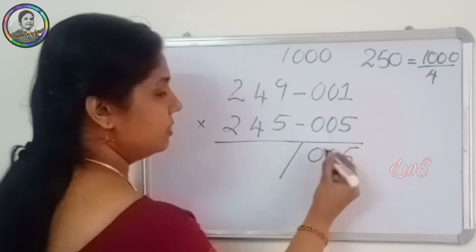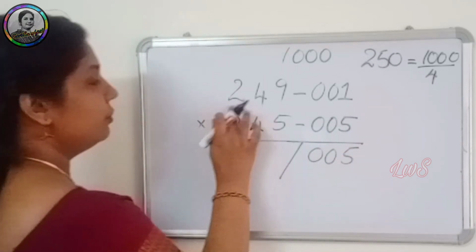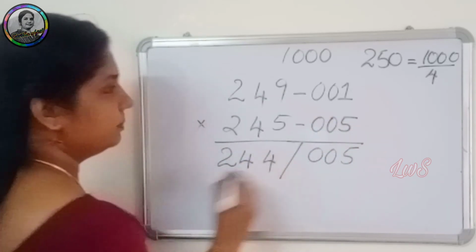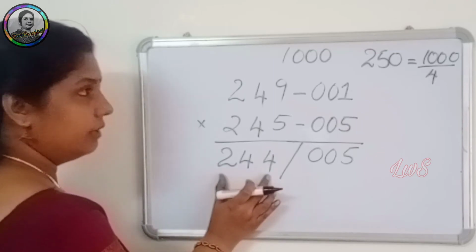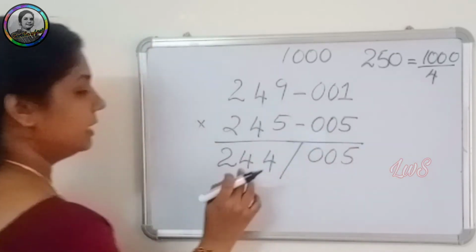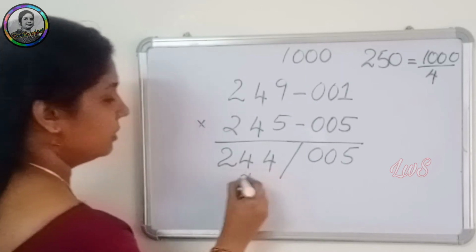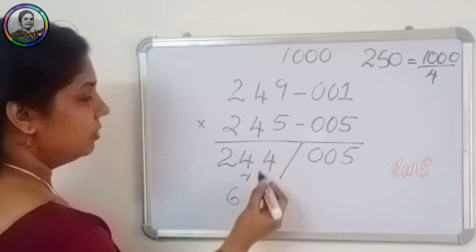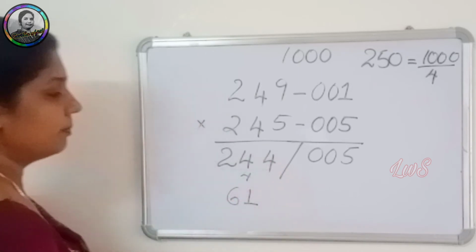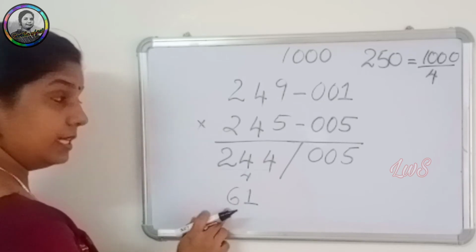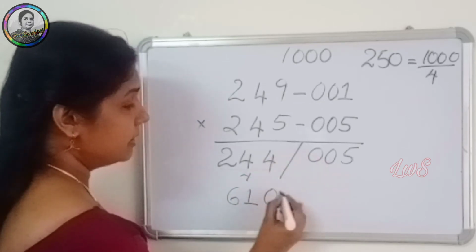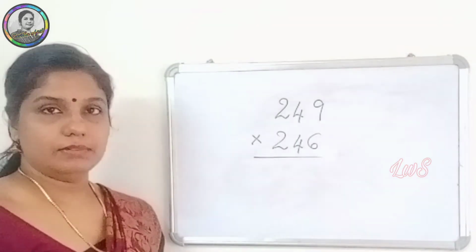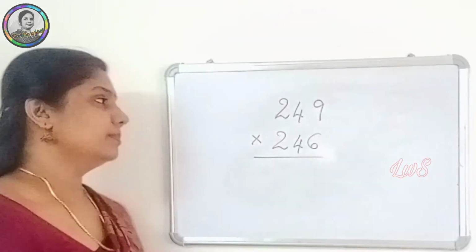So here we write 005. 249 minus 5 is 244. Now to get the correct left hand side part, we just have to divide it by 4. 6 4s are 24. Then 4 times 1 is 4. So 244 divided by 4 is 61 and the answer is 61005.